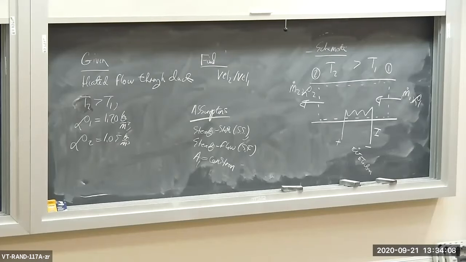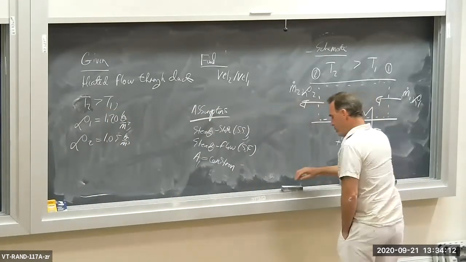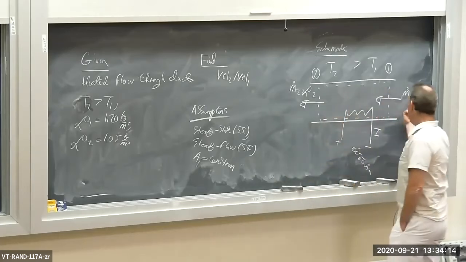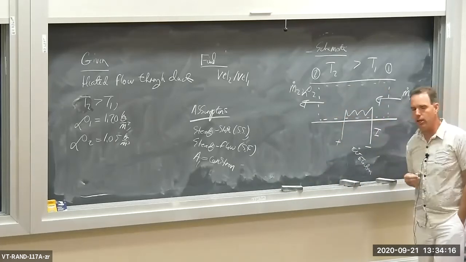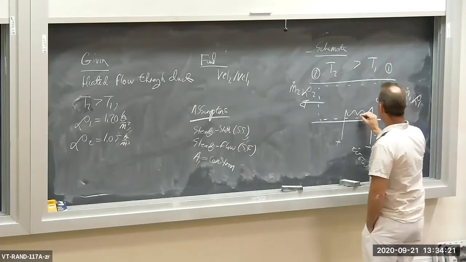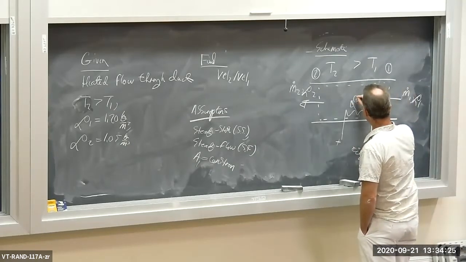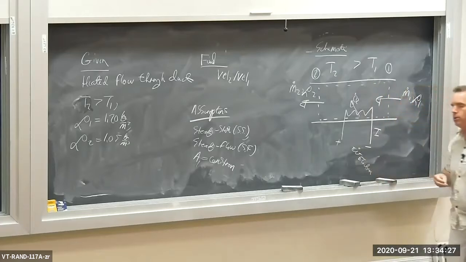What we have is a duct in which air flows in on the right and out on the left. Now, this duct contains a heating element. So this heating element is dissipating electric work in the form of heat into this air duct.